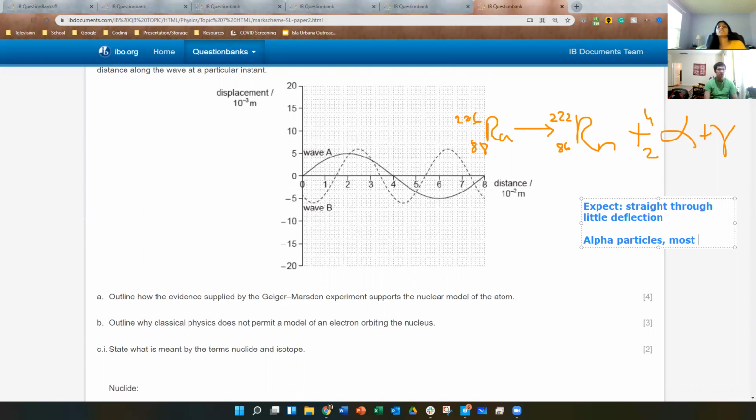Alpha particles, most alpha particles shot at thin gold foil. Oh yeah, we have to state that. Our alpha particles shot at thin Au foil. Most went straight through, but some were deflected back strongly.